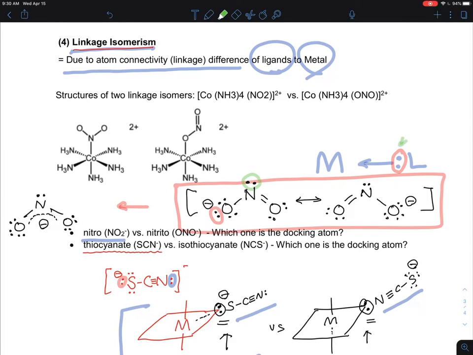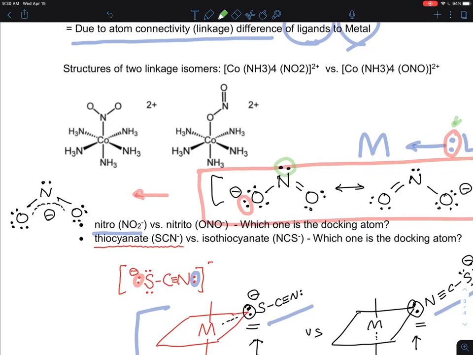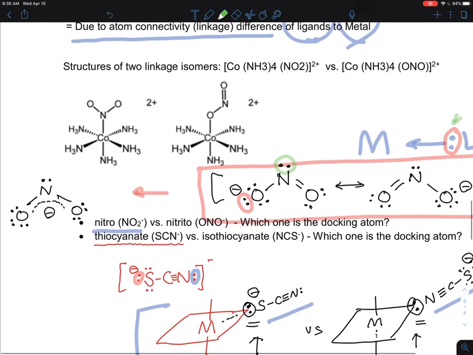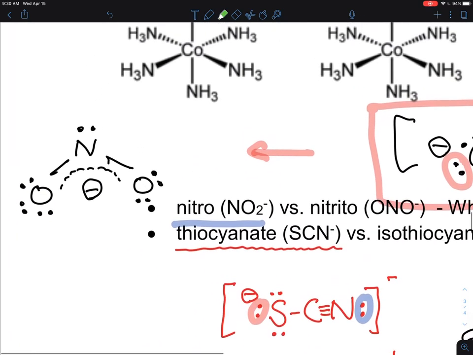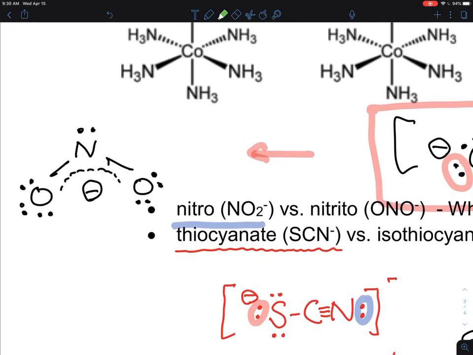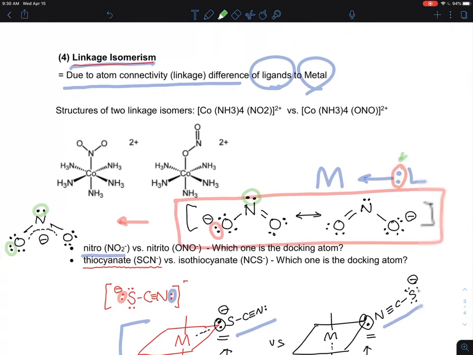If I draw the picture, this is almost like a kite-like molecule, like a triangle, and whether this one is docking to it or this one is docking to it, you have what is called linkage isomers.